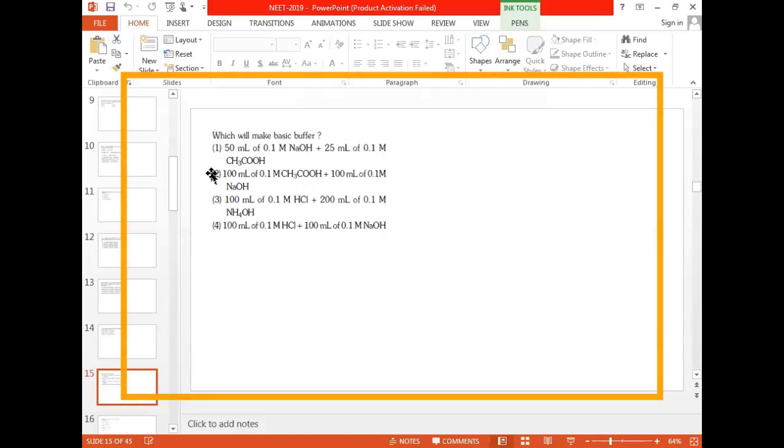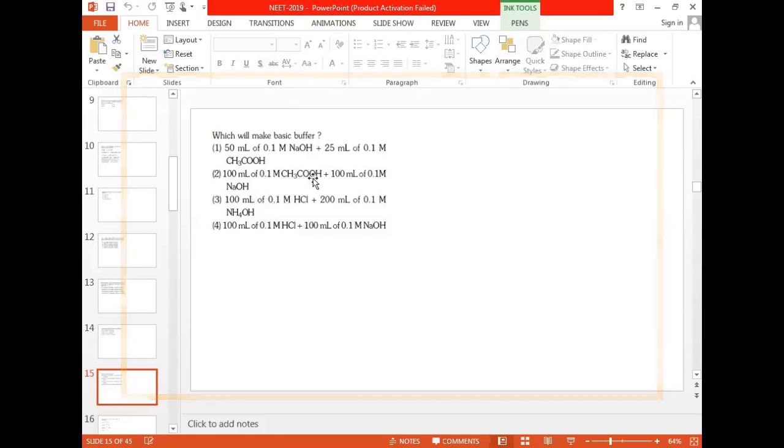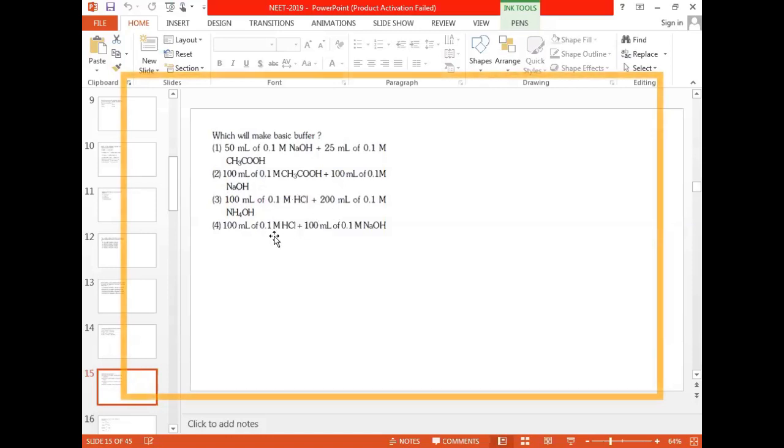First one, whatever the data is there, I am not going to consider. Now if you see the second one, it is a weak acid and a strong base. This also I am not going to consider. Now in this one I am going to consider a weak base and its salt with a strong acid.